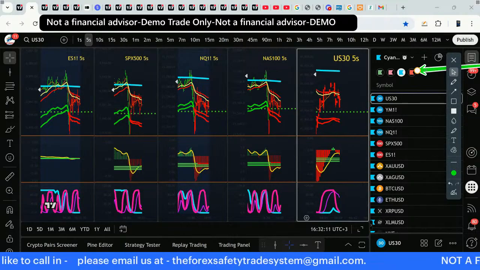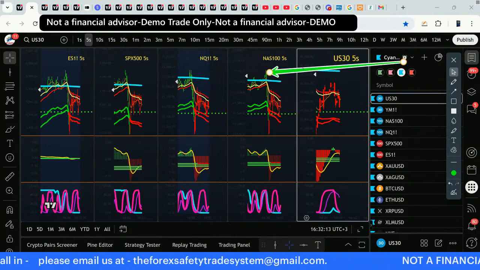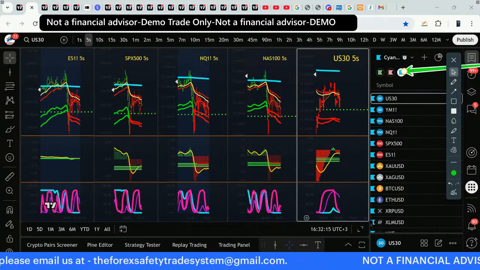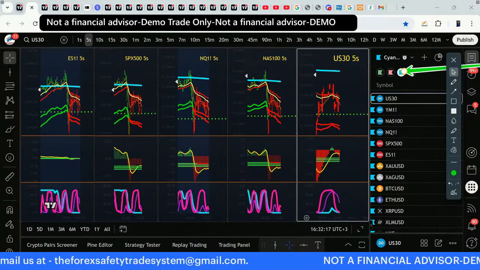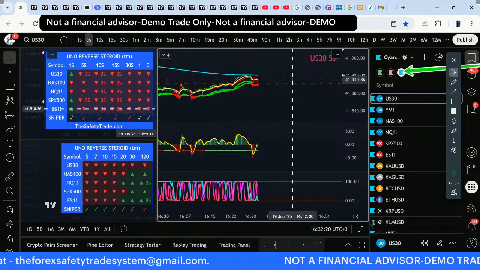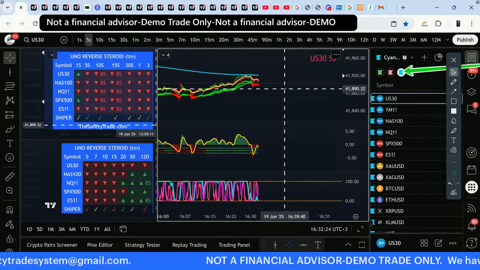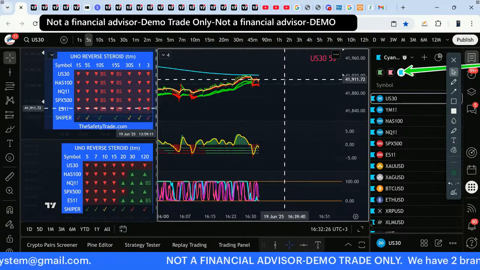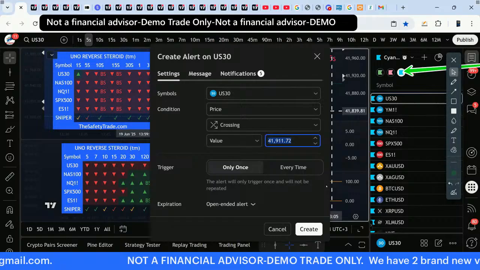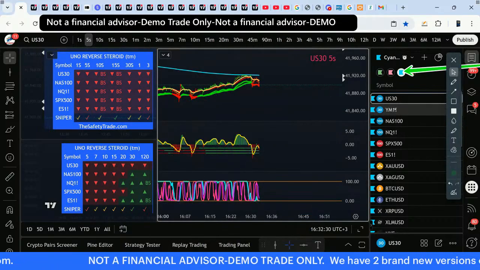Beautiful trades. We have ES1 hit its 5 second blue line again. You can just wait right there. Wherever you see me putting this alert in, you can take profit at.